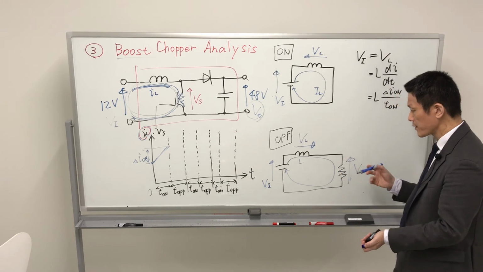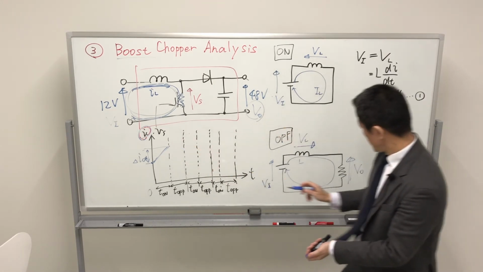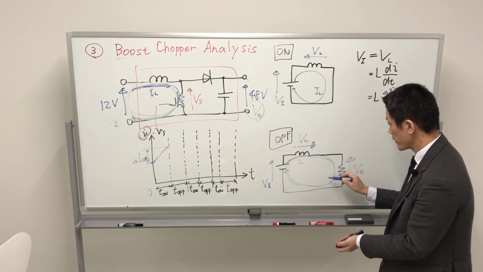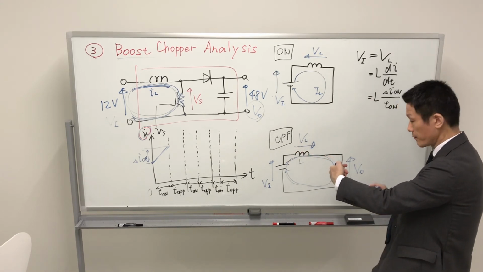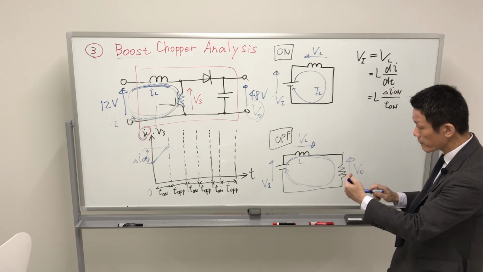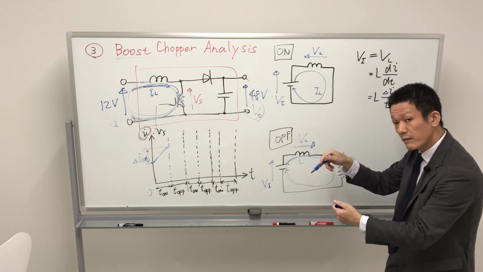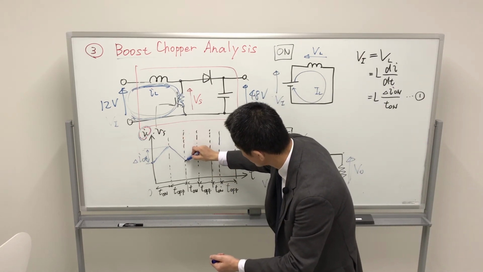But the other discussion is the higher voltage. This current flows through like this, but the target of this current direction is the higher voltage point. So this current will decrease linearly.